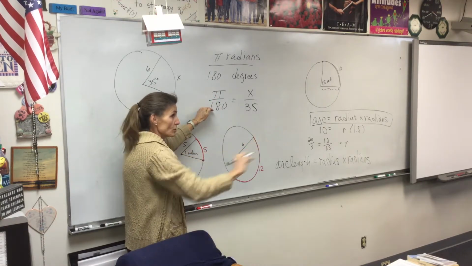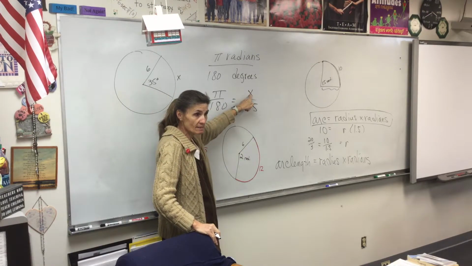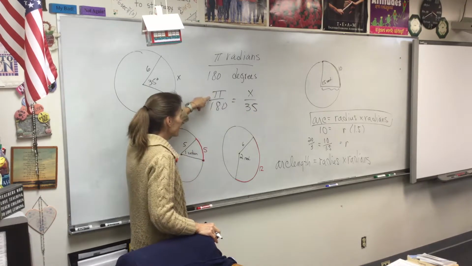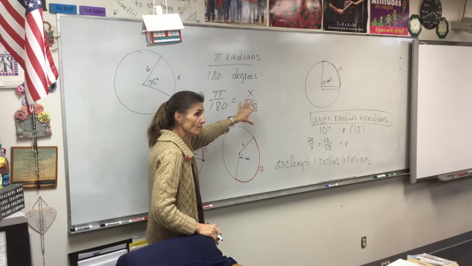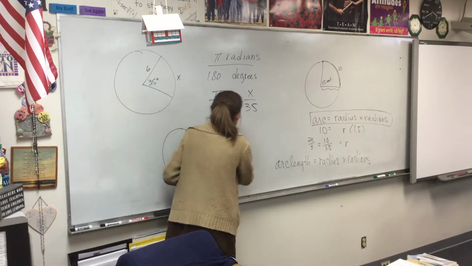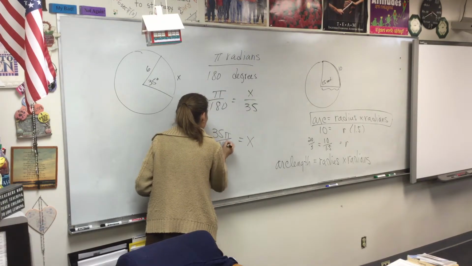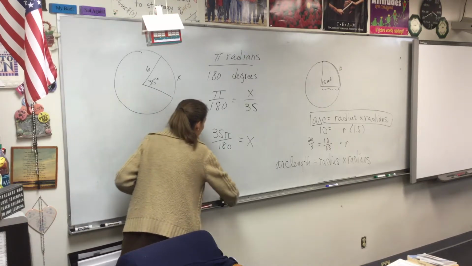That will never change. How many radians then is 35 degrees? If pi is 180, how many are 35? Does that make sense to you? So then we'll just multiply. And 35 pi over 180, I will want to reduce that fraction.